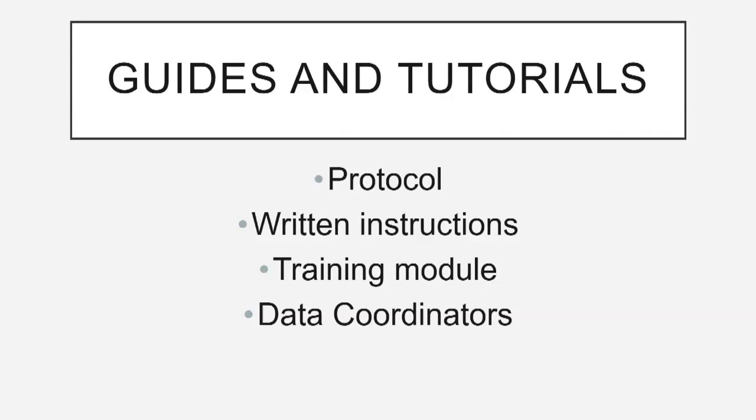And then there's also a link to a training module that you can watch and interact with in order to learn the system. But if you've used these resources and are still having trouble, you can reach out to your data coordinators. We can't solve technical issues, but we can help with general information on the requirements and protocol clarifications. And we can also walk you through the system using our test system, which is what I'm going to go through next.